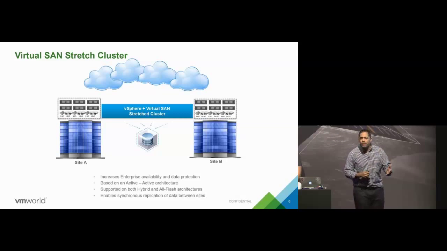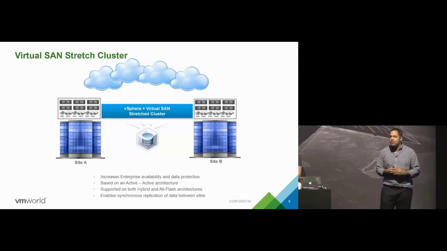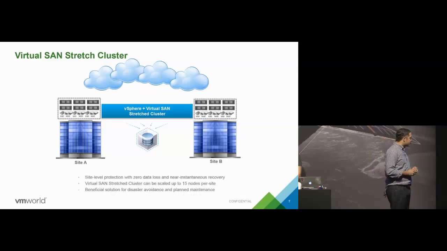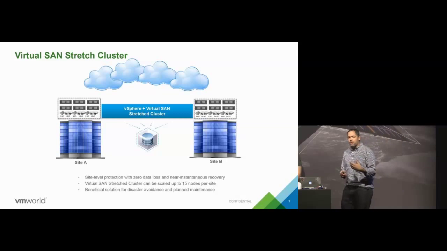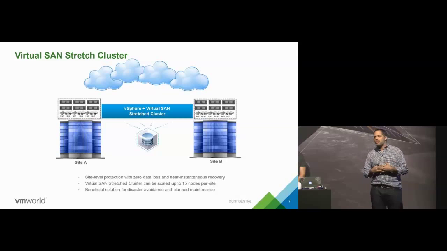As you probably know, if you're aware of virtual SAN, we do multiple writes to multiple places to make sure your data is highly available and protected all the time. So these are some of the things virtual SAN can deliver in this stretch cluster configuration. One of the key focus points we talk about for that product and platform is being able to eliminate any single point of failure.